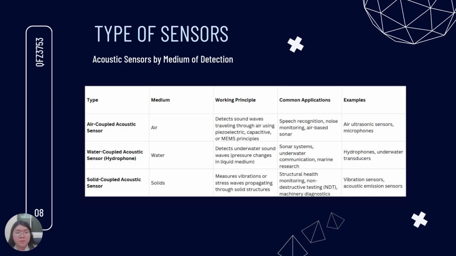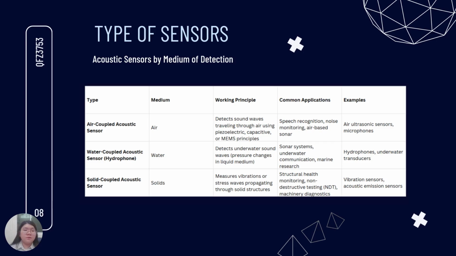Acoustic sensors by the medium of detection have three types. First, air-coupled acoustic sensors work through the medium of air. The working principle is to detect sound waves traveling through air using piezoelectric, capacitive or MEMS principles. The common applications are noise monitoring, speech recognition and others.